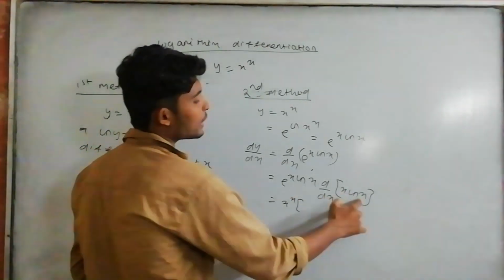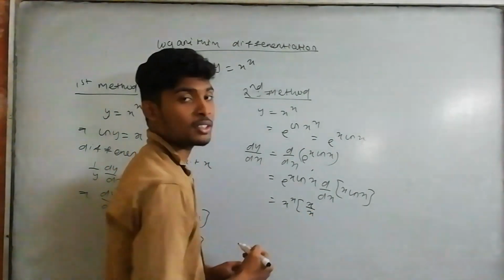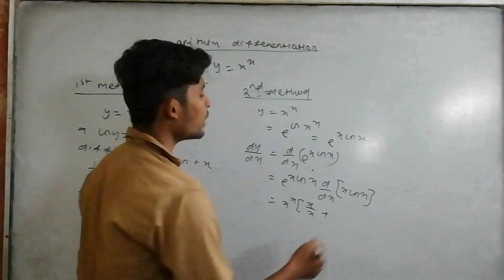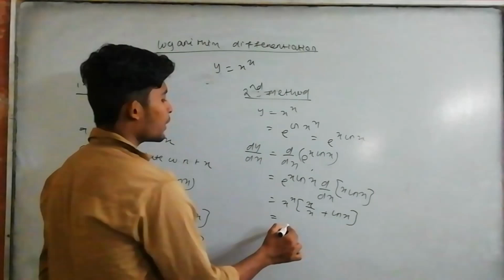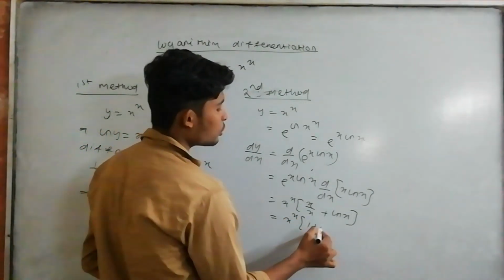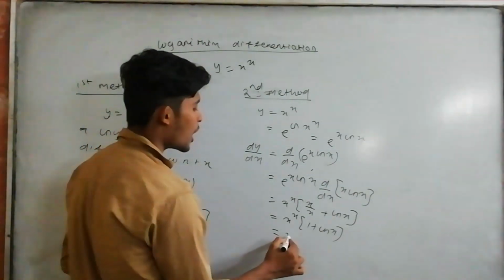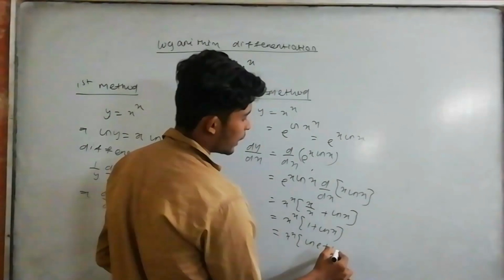The derivative of x ln x is x times 1 by x plus ln x times 1. So you get x to the power x times (1 plus ln x), and we know 1 is ln e, so this is x to the power x times ln e plus ln x.